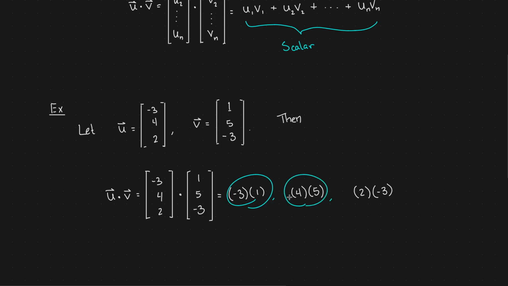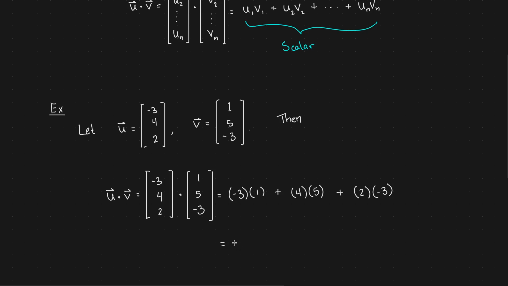These are the components of my vectors. But you do not get a new vector from a dot product. You get a scalar. So I'm going to multiply corresponding components and then add them together. I will have one single number at the end, not a vector.